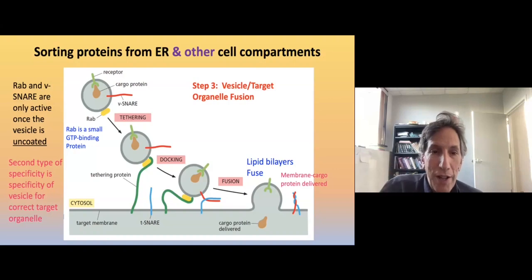So if the target is the endosome, for example, it will have the endosome T snare and will match up with the V snare on an endocytic vesicle, and not with a vesicle from somewhere else. Once you get this tight binding formed, the lipid bilayers, just because they're close enough to each other, fuse.